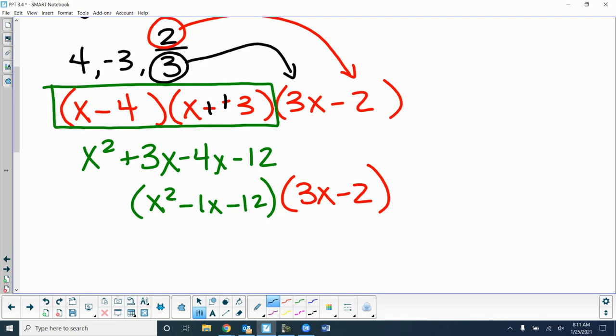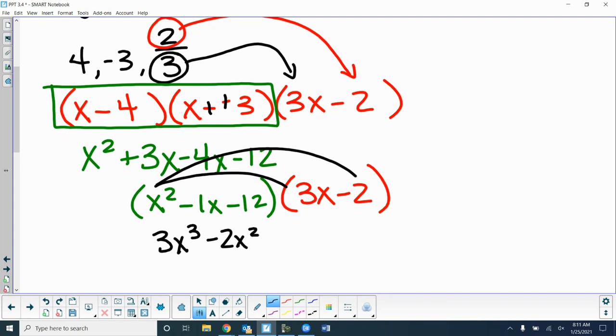Okay? When I have a trinomial times a binomial, I take this first term and multiply it. Oops. So let's do this. Multiply it by both. So that's 3x to the third and negative 2x squared. Then I take the middle term times both. Negative 1x times 3x is negative 3x squared.